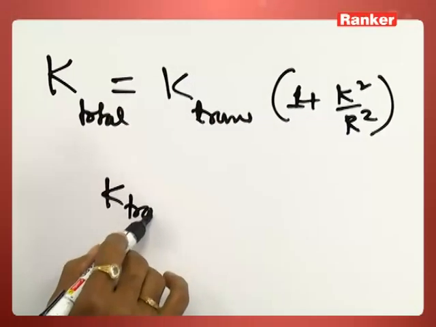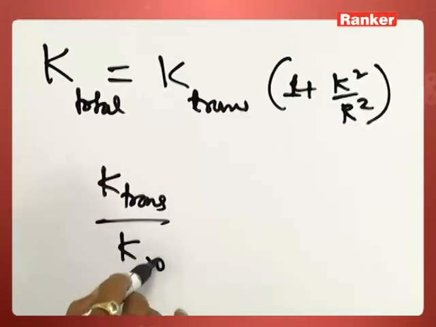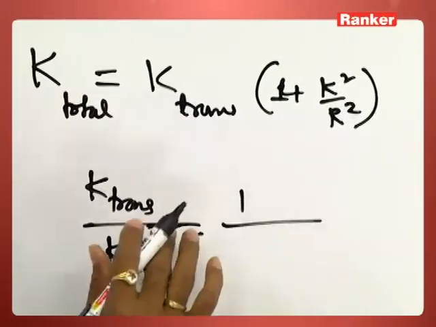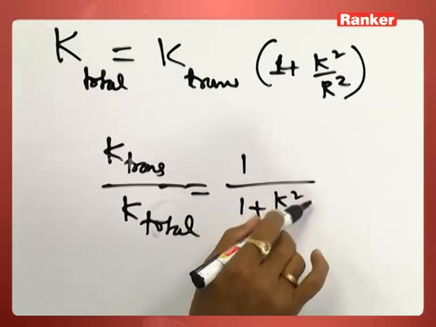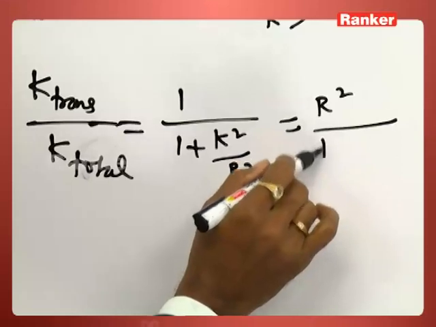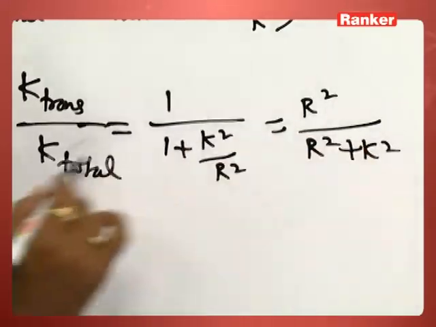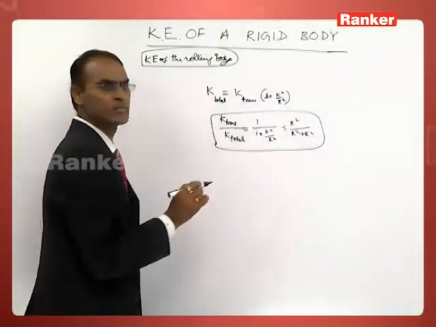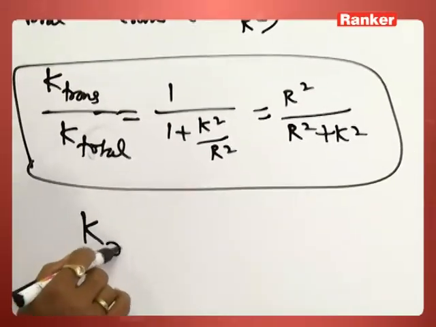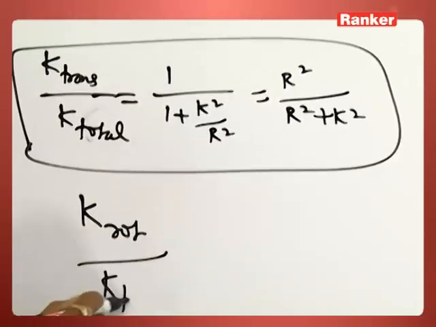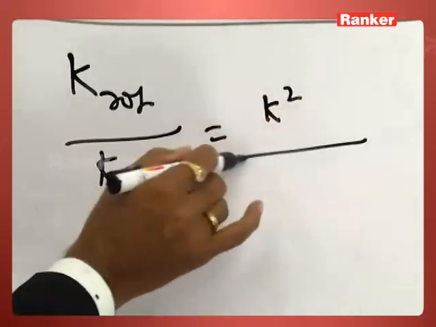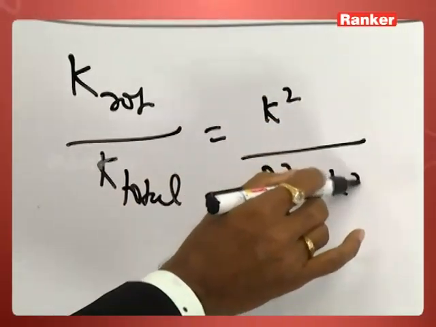Therefore, the translational kinetic energy upon total kinetic energy is equal to 1 upon 1 plus k square by r square, that is equal to r square by r square plus k square. And the ratio of the rotational kinetic energy and total kinetic energy will be equal to k square by r square plus k square.